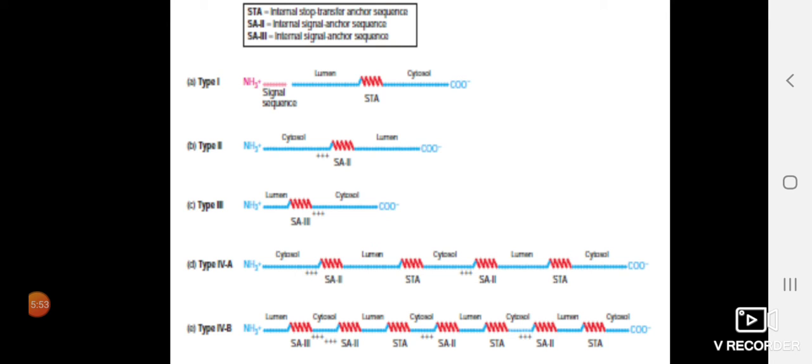And there is one more kind which is not mentioned here, where both termini are at the cytoplasmic side or at the luminal side.